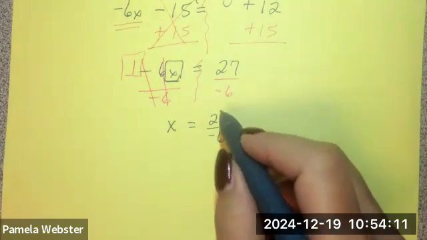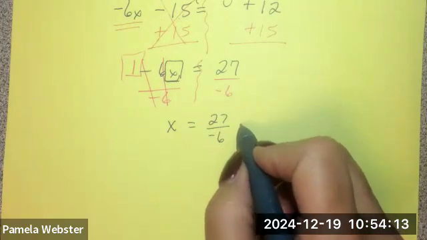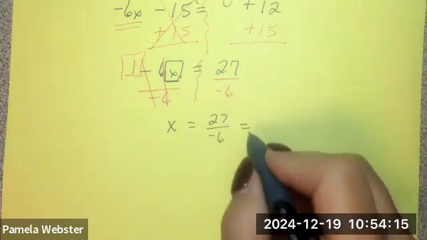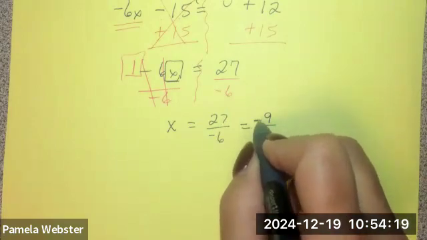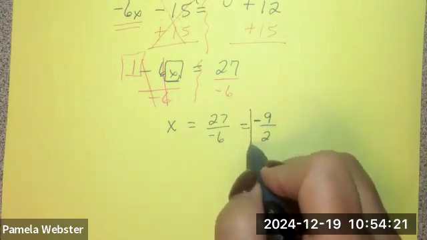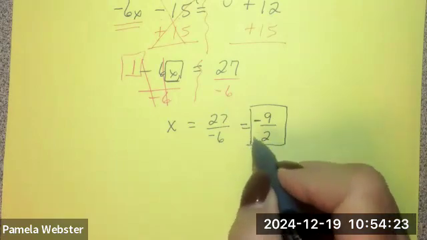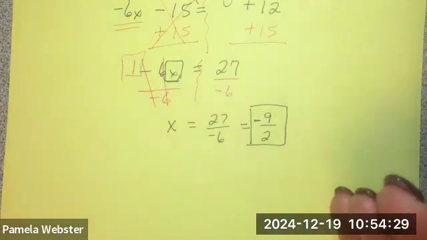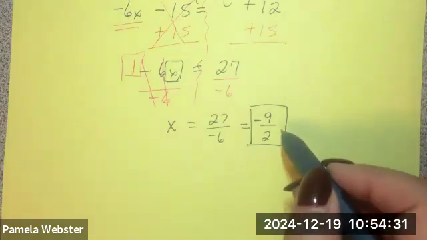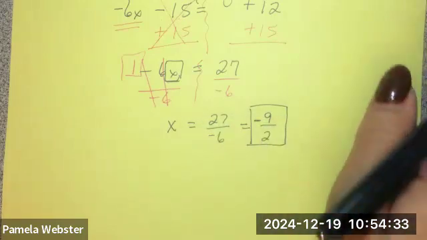But I look and I say, oh, I can reduce that just a tiny bit. They're both divisible by 3. So this is 9 over 2. And it is negative because the denominator is negative. And you can put that negative sign on the top, on the bottom, out in front. It doesn't matter. If there's only one negative sign, then the whole entire thing is negative. All right, so I have x equals -9/2.